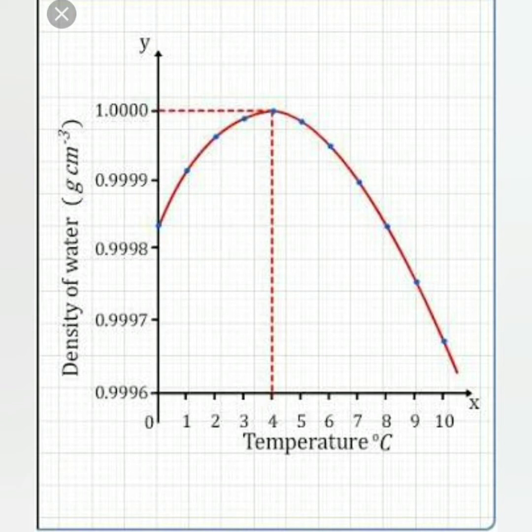But at 4 degrees Celsius, the density is maximum, and below 4 degrees Celsius, at 3, 2 and 1 degree Celsius, the density of the water again decreases. This shows the water has maximum density at 4 degrees Celsius.